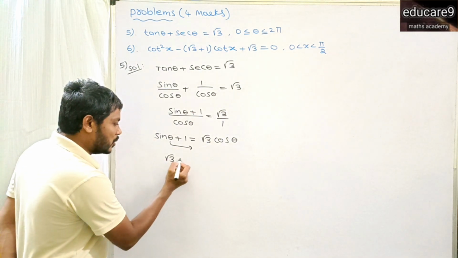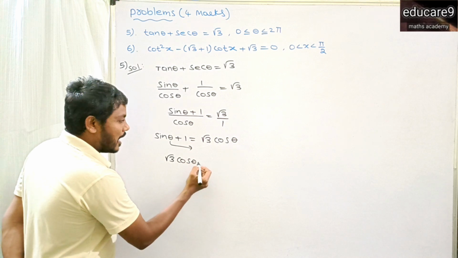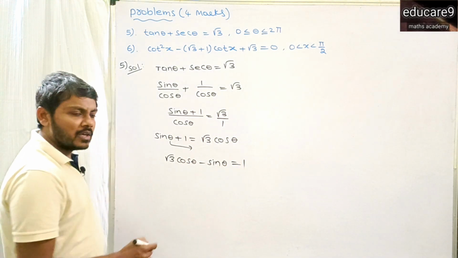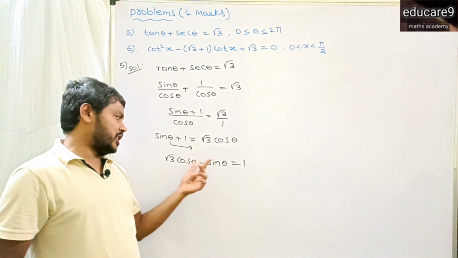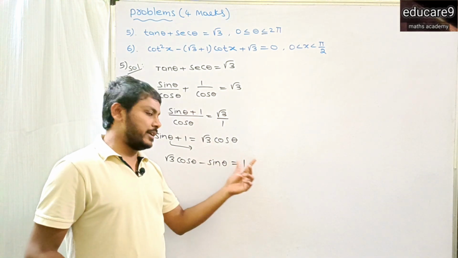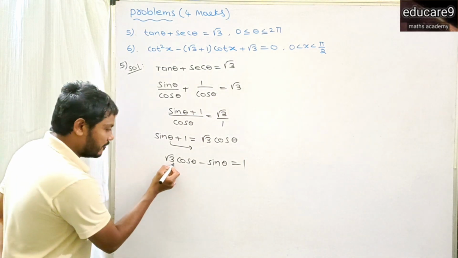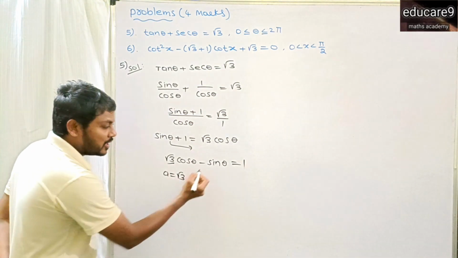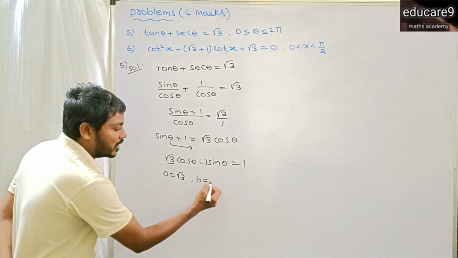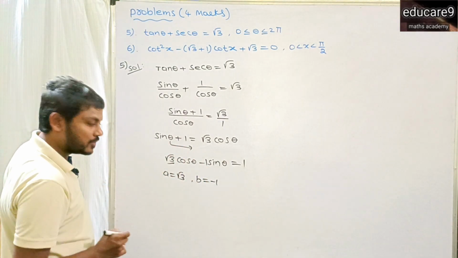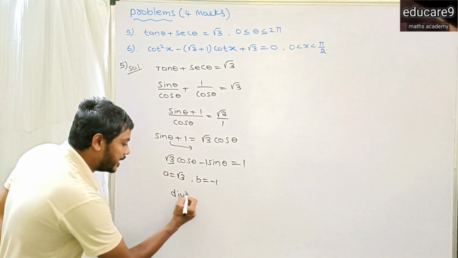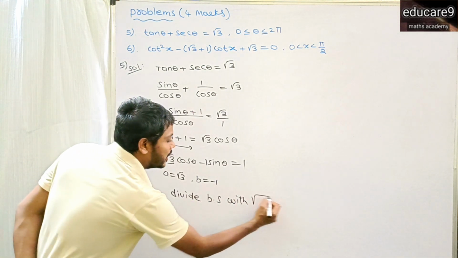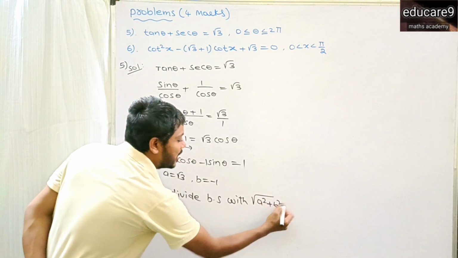It becomes root 3 cos theta minus sin theta equals 1. Clearly this is of the form a cos theta plus b sin theta equals c, where a equals root 3, the coefficient of cos theta, and b equals minus 1, the coefficient of sin theta. Now we should divide both sides by under root a square plus b square.